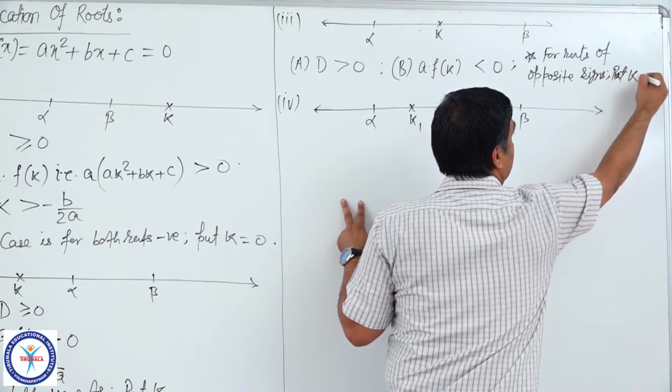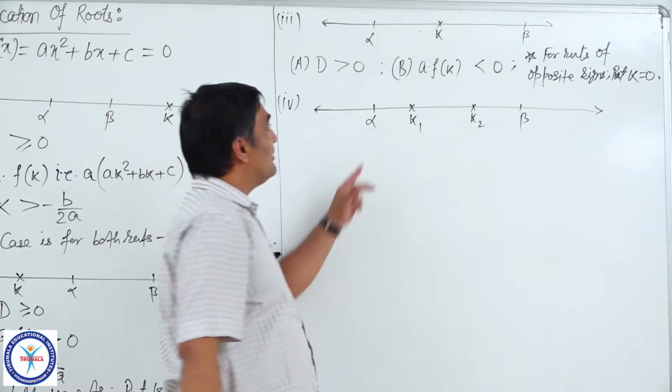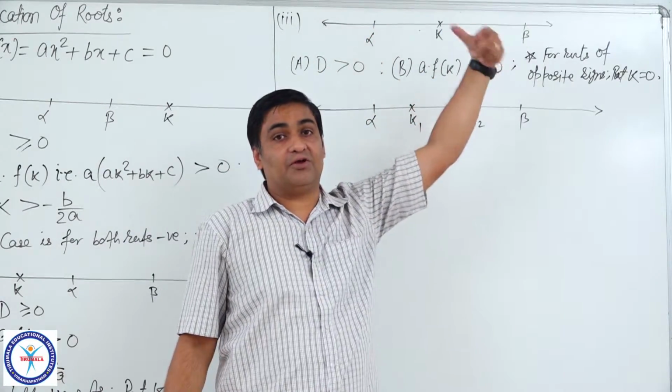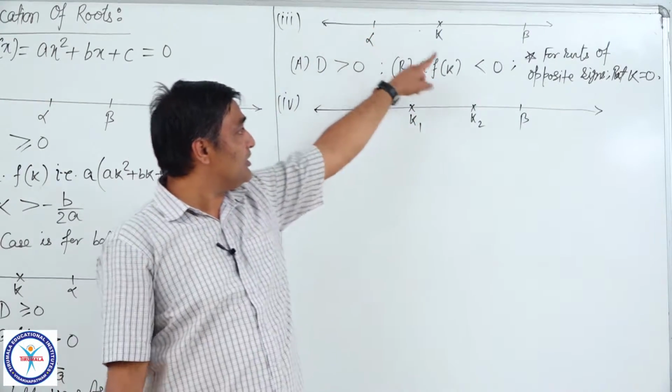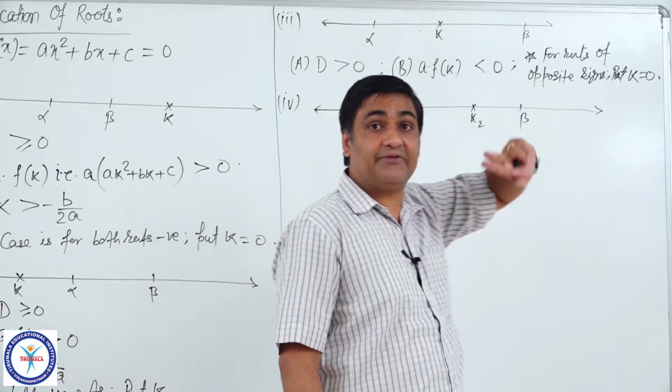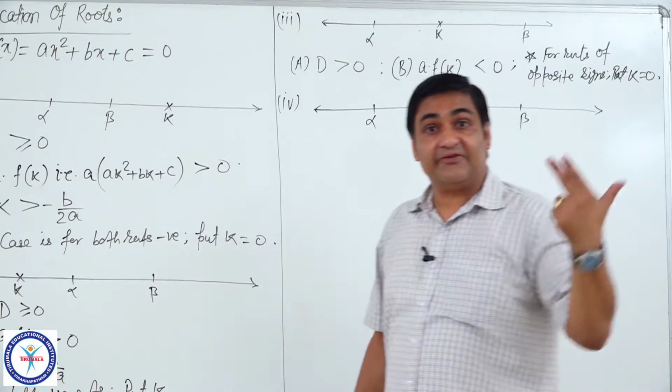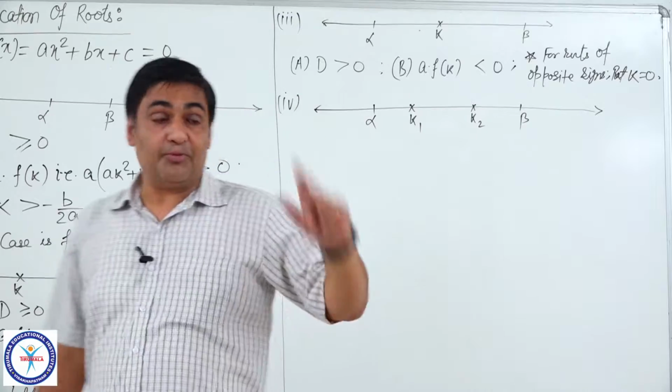Put k equal to 0. Why? One root will be less than 0, the other will be greater than 0. So k equal to 0 will lead us to the special case, which can be said as roots of opposite signs.